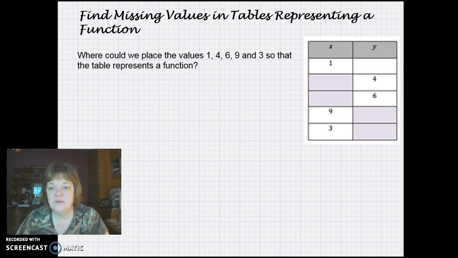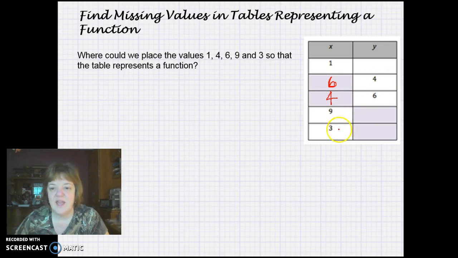So, in order to keep the x column always different, notice that 1, 9, and 3 are already used. So the only thing we can do is use 4 and 6 in that column, okay? So we're going to put 4 and 6 in there. And I think I'm going to do it like this so that they don't end up giving their same answer when you plug them in.